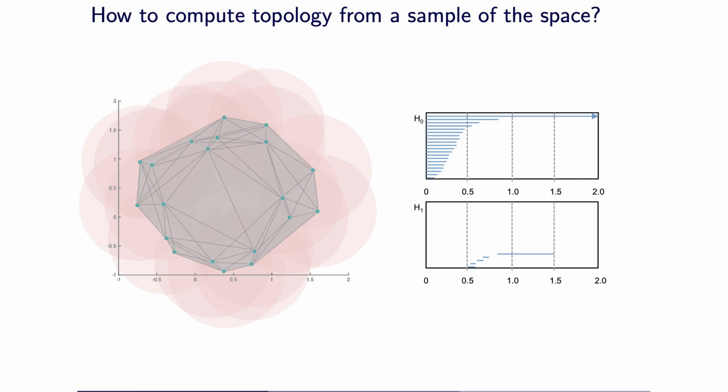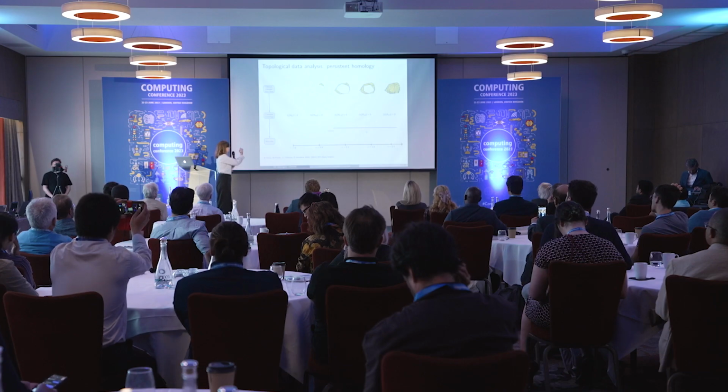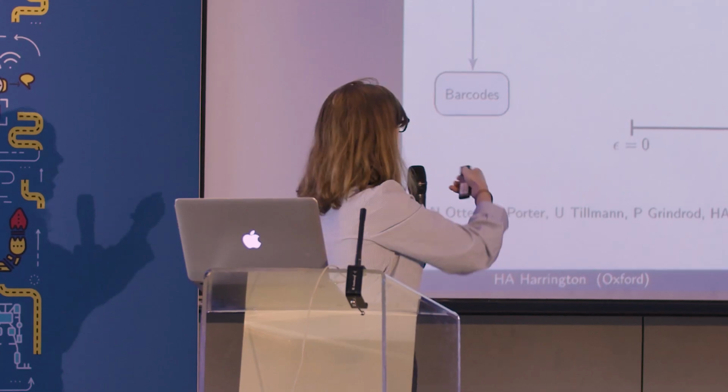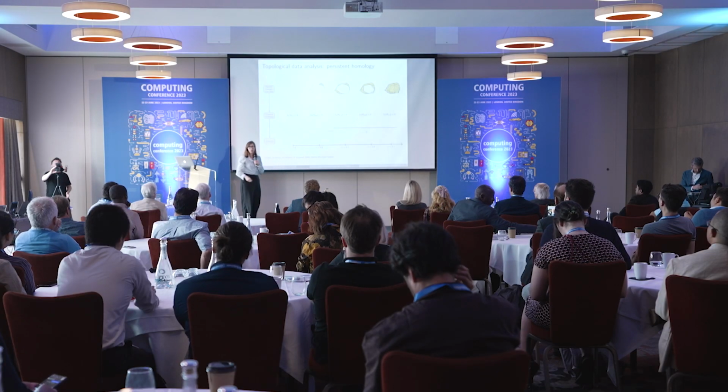As I said, we have this pipeline where we start with our point cloud data, and you continue to thicken the points and connect the dots and build this nested sequence of simplicial complexes of these graphs, and then you compute these topological invariants that describe how they're connected, and what we output, underlying everything being algebraic structures, is a barcode, and it shows where features are born and where they die. For example, here was the one persistent loop that we can see.